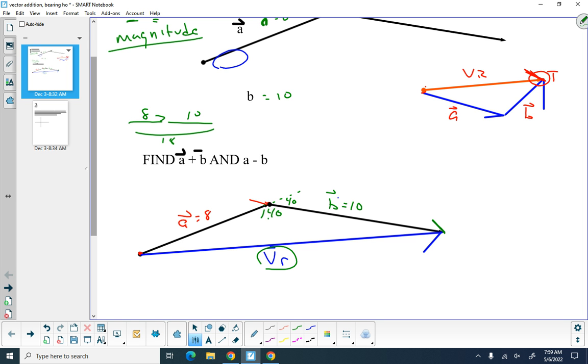Set up a law of cosines equation to solve for VR.